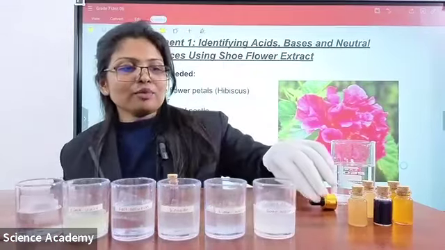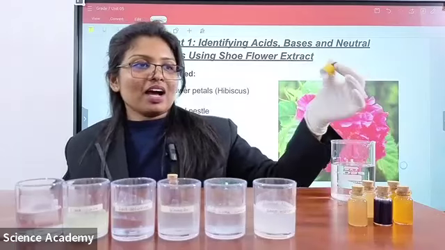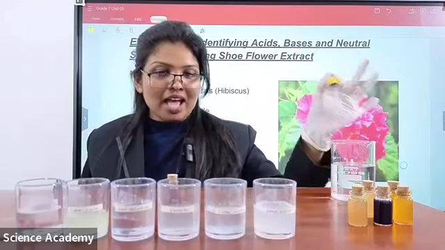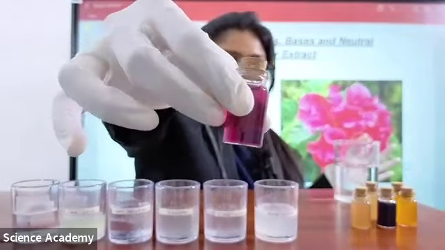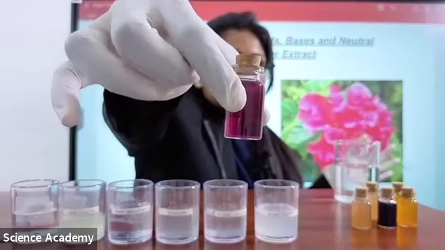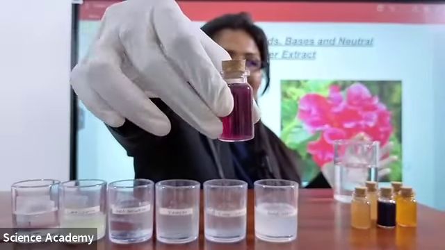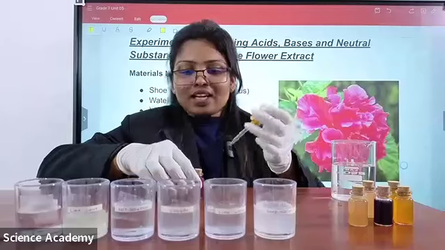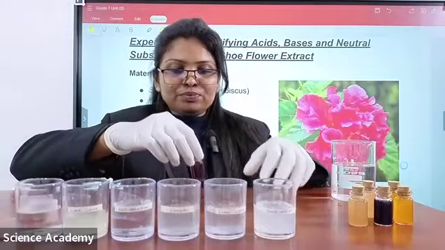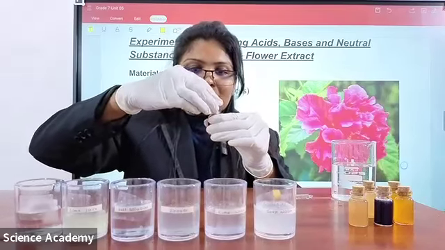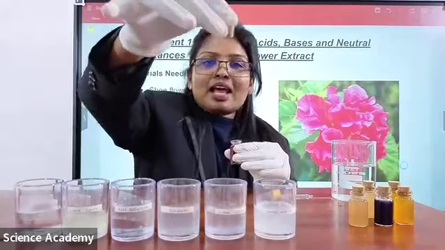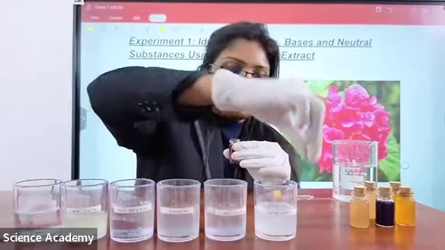Okay. Now, I am going to get this dropper, and this is shoe flower extract. This is my shoe flower extract. Now I am going to open up this cork stopper.